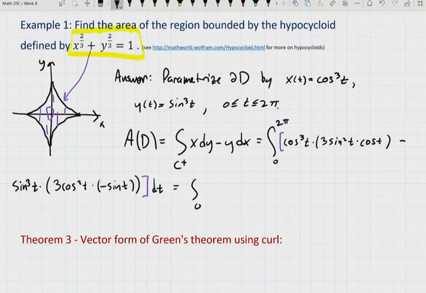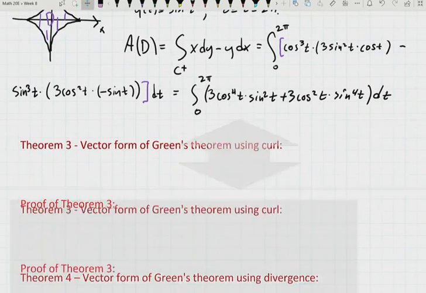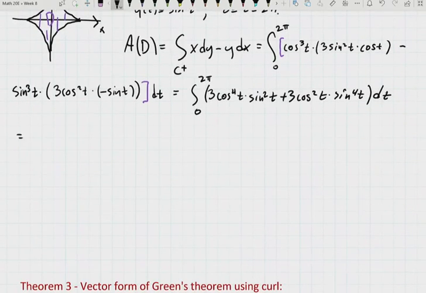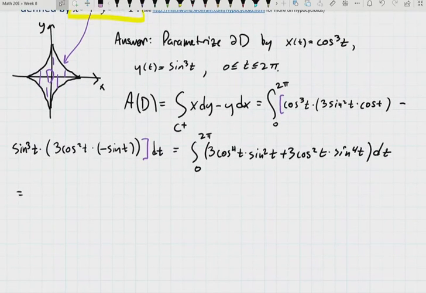This is the integral of, okay, what do we get? 3 cos to the 4th t sine squared t plus 3 cos squared t sine to the 4th of t. We can pull out a cos squared sine squared, and we get, oh, I forgot a 1/2.